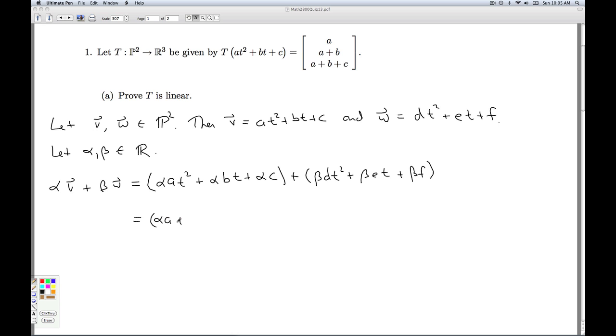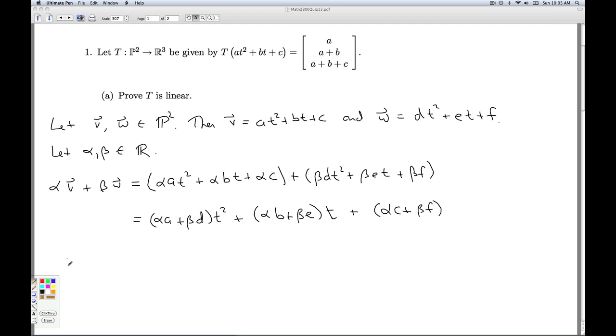I get alpha A plus beta D T squared, alpha B plus beta E T, plus alpha C plus beta F.